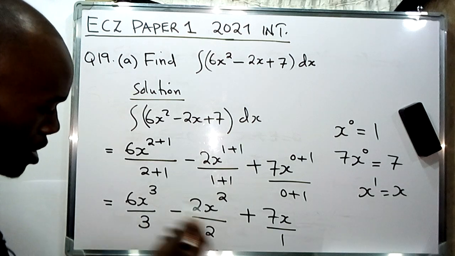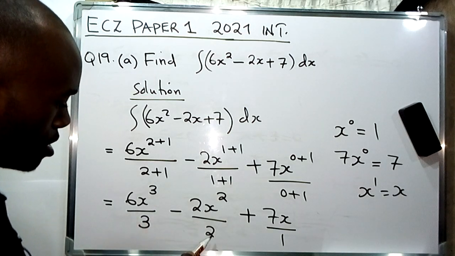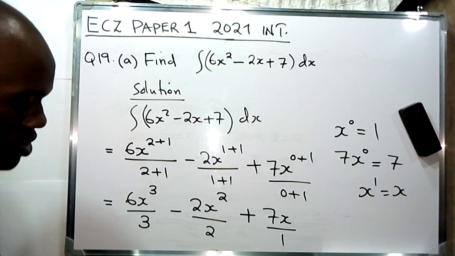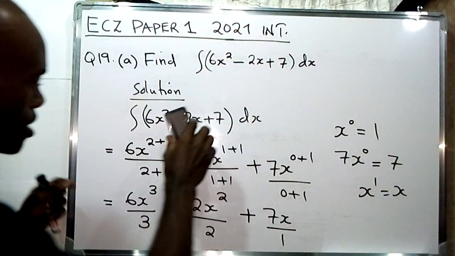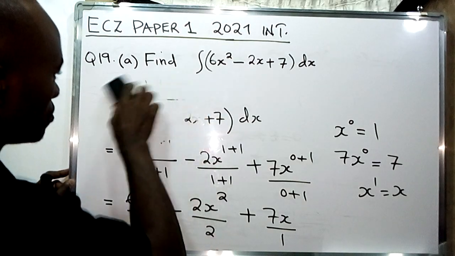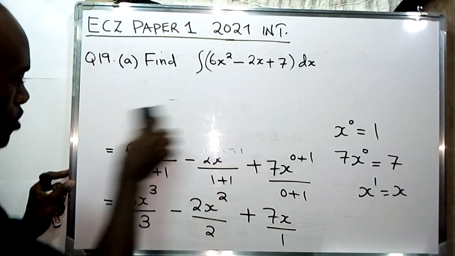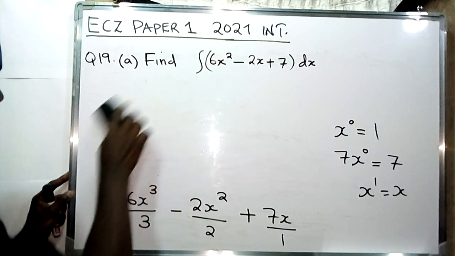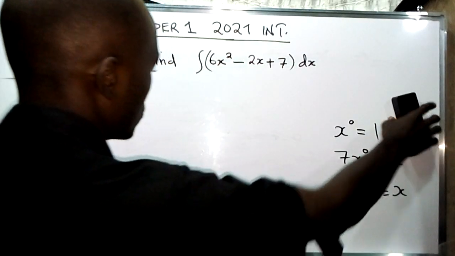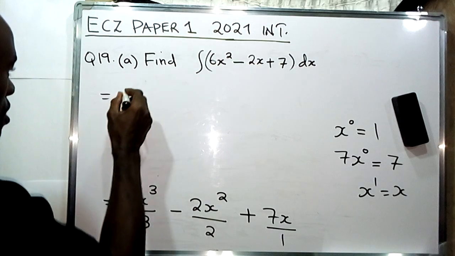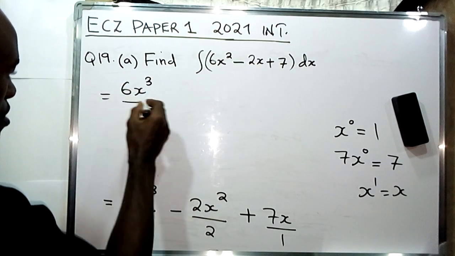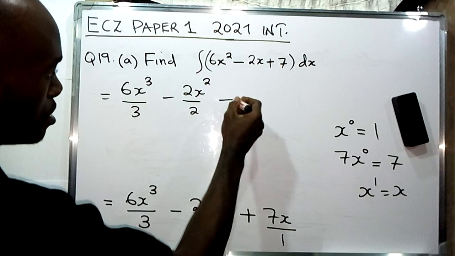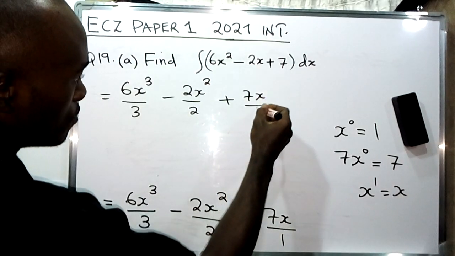But we notice that we can simplify this further. 3 can go into 6, 2 can go into 2, 1 can also go into that term there. Let me try to create some space for our working. So we have this expression 6x to the power 3 over 3, negative 2x to the power 2 over 2, plus 7x over 1.